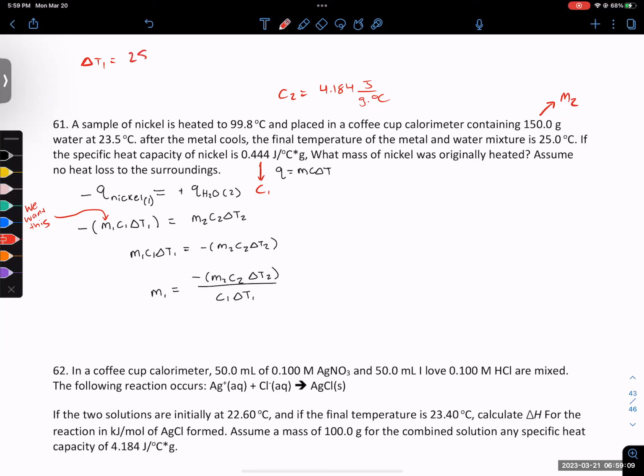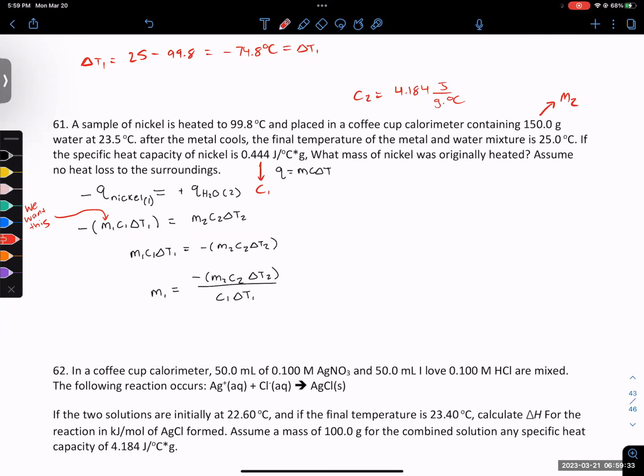So it's going to be final minus initial, which should give you negative 74.8 degrees Celsius. This is our delta T1.